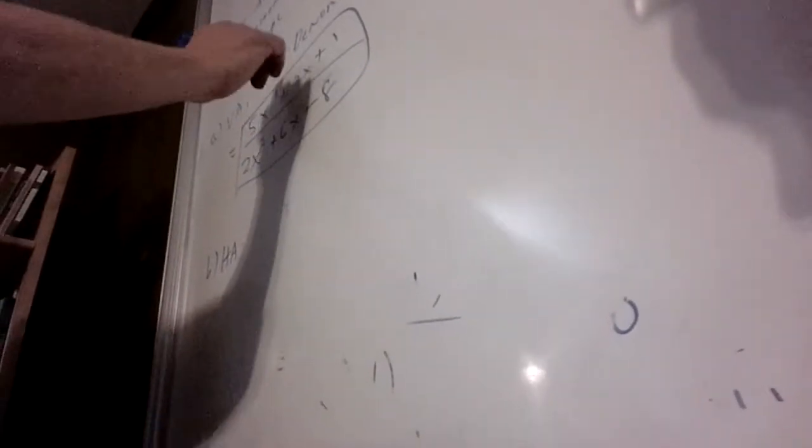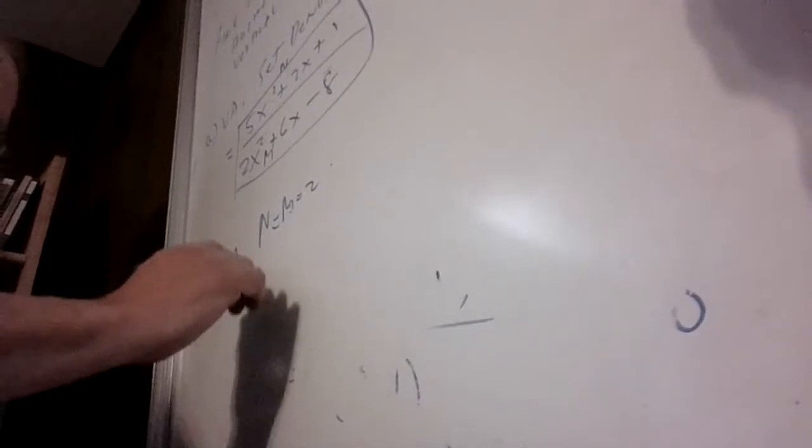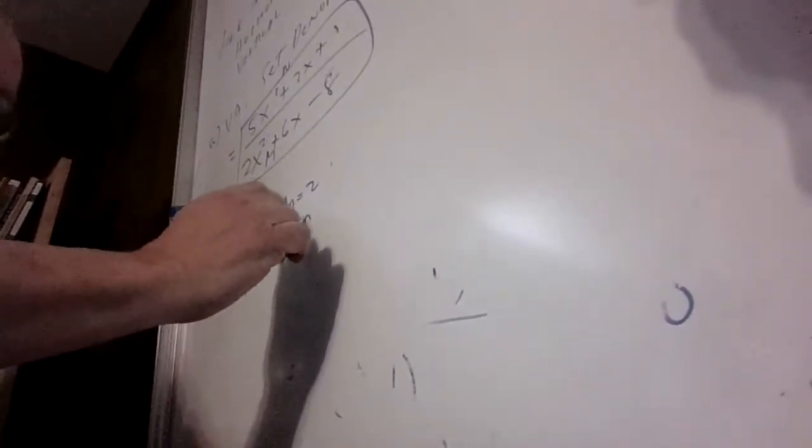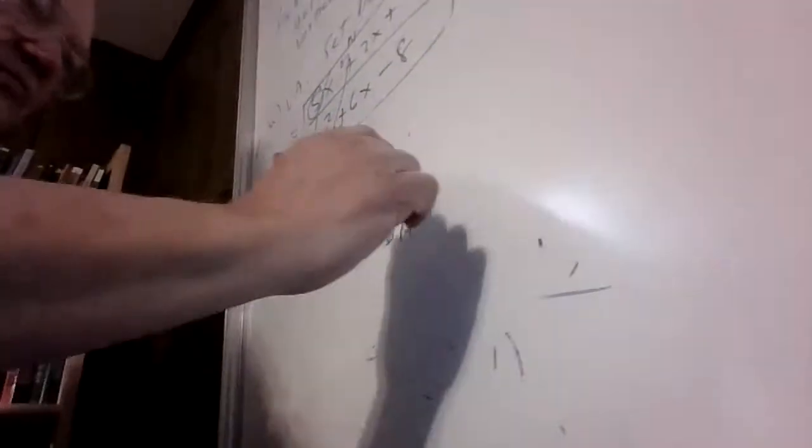Here n equals m equals 2, which means the horizontal asymptote is the coefficient in front of the highest power over the coefficient in front of the other highest power, so 5 over 2. Your horizontal asymptote is 5 over 2.